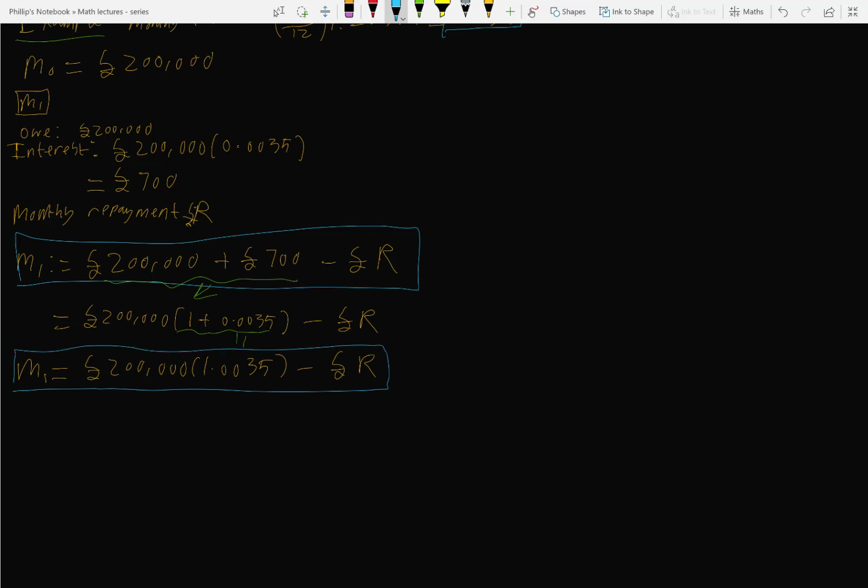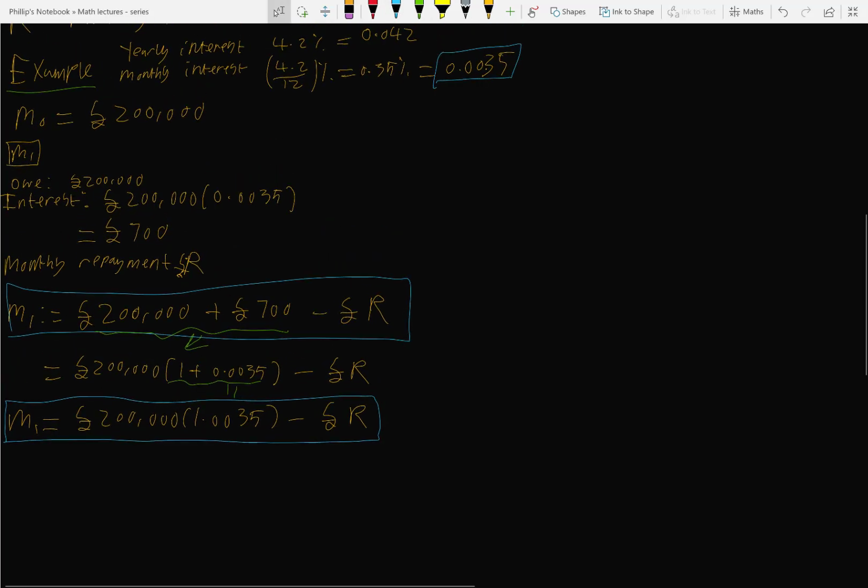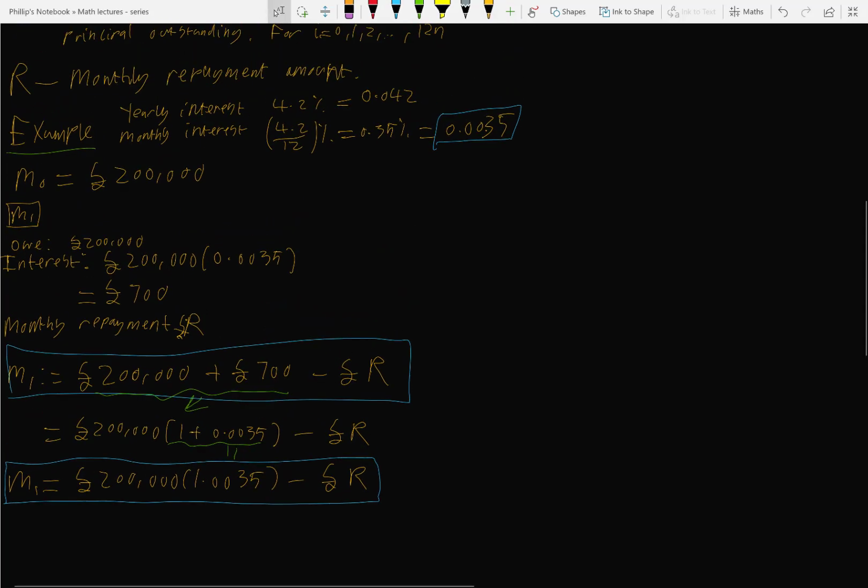Now, rather than this example with figures, let's do the general case after 1 month.